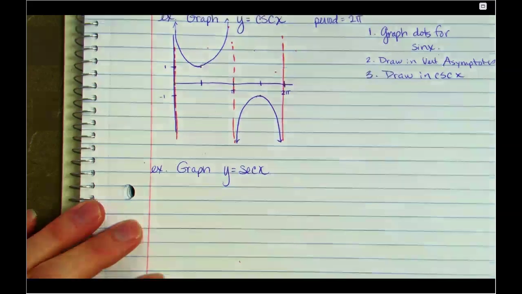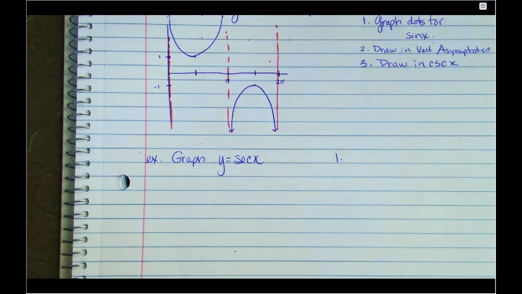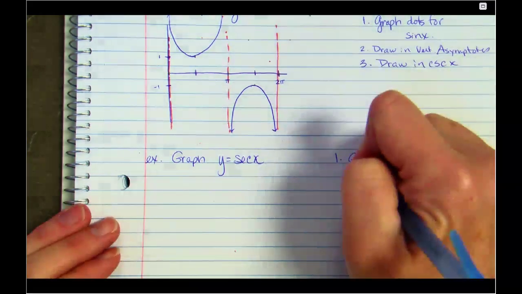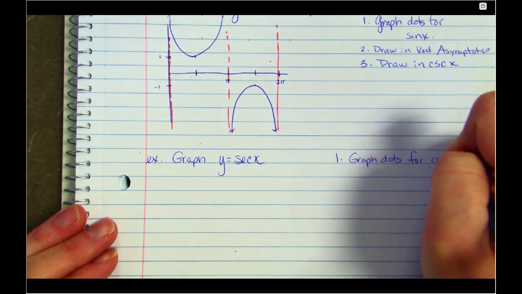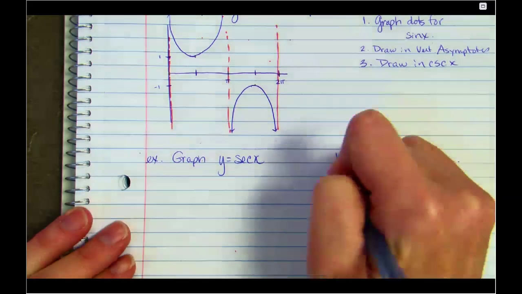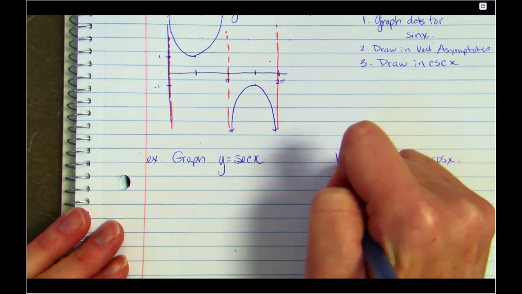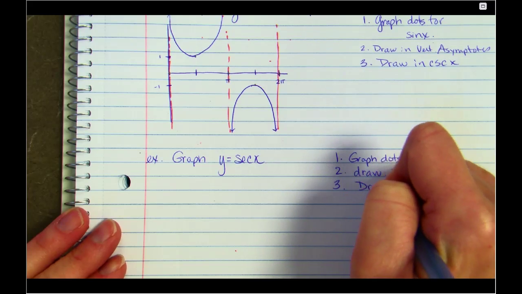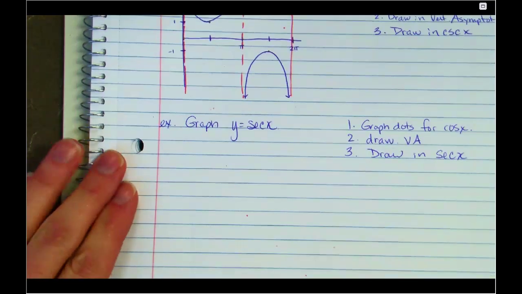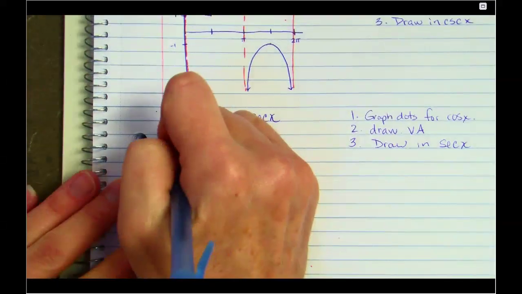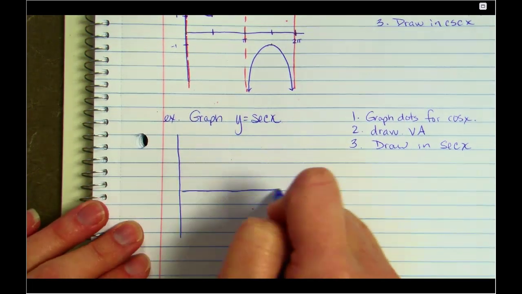Okay, his period is also 2 pi. And it's the same process, except to start, you graph the dots for cosine x. Then you do the vertical asymptotes, and then you draw your graph. He's a little bit different, though, graph shaped. You're going to feel a little bit incomplete, potentially.